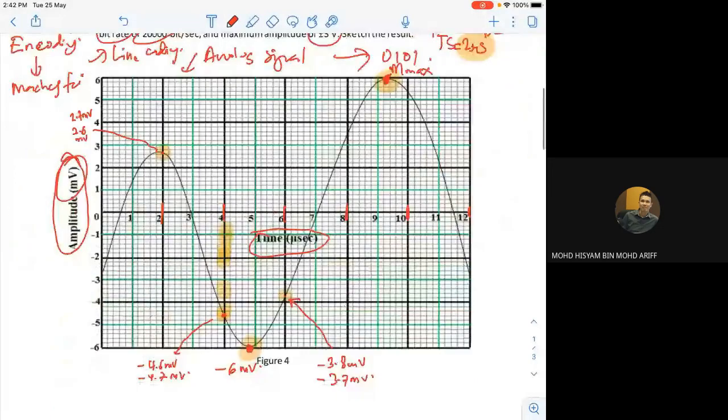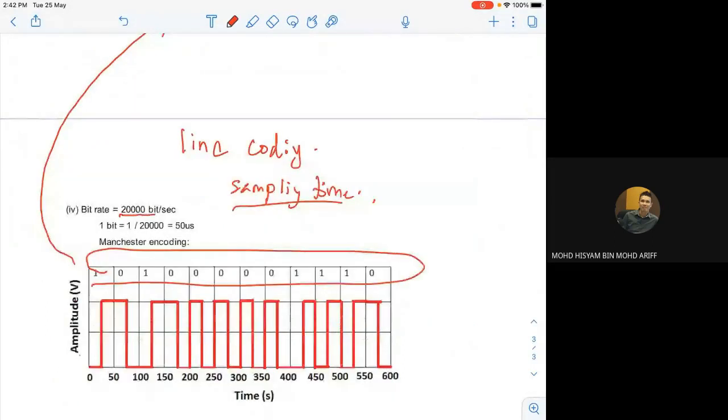Very easy: 1 divided by 20,000 bits per second, you get a sampling time of 50 microsecond. So this is how you set up the width. For the drawing, you insert the value 50, add 50, you add up each of these times. This is microsecond, sorry, not second. Now how do you know the height? Remember in Manchester encoding it has positive and negative. You write positive 3 volt, negative 3 volt. Happy? Understand? When you get this, look back at the line coding notes I mentioned the other day.